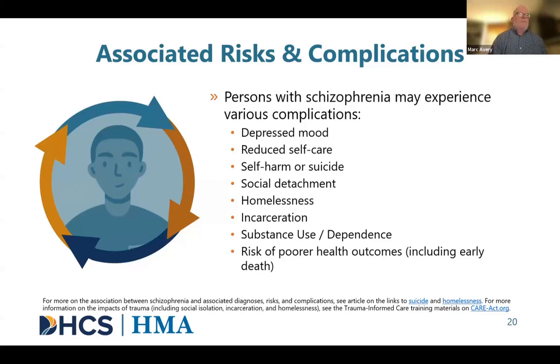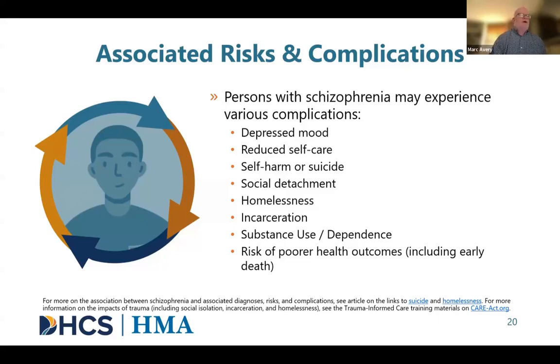Persons with schizophrenia may experience social detachment, letting go of important family, friend, and other supportive relationships in their lives. Maintaining these relationships is one of the important early interventions when working with persons with these conditions.